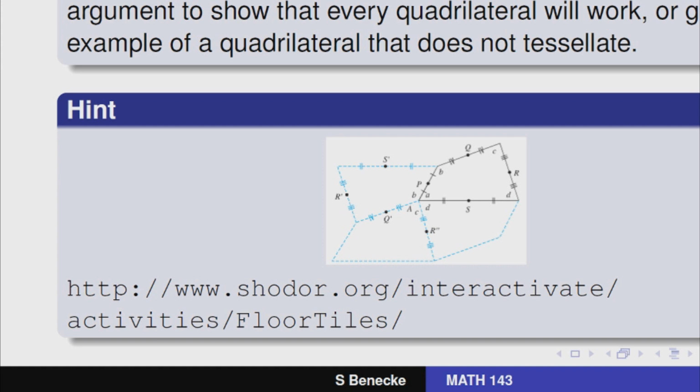So around this center point, there are definitely no gaps or anything, so that's a perfect fit. And then if you look at the bottom edge and the top indentation, those four as one piece can be pieced together as well. You see the left indentation is exactly the same as the right side, so I can piece them together. So any quadrilateral is going to work. Less obvious, but yeah.